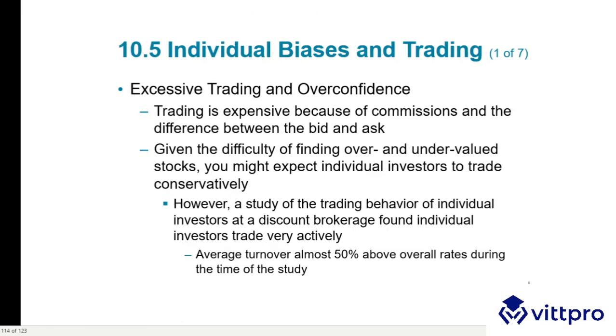There are also certain individual biases in trading, which you were also asking about earlier, about how the price of a stock increases in the stock exchange, right? Usually, one thing is that trading is commission based, because you always have to rely on brokers, and you may have difficulty finding over or undervalued stock, right?